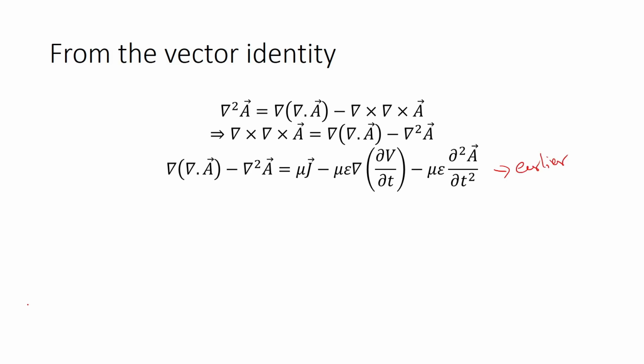Now, coming to A bar, we know that A bar is not unique and the divergence of A bar can be set to any value of our liking, but it still won't affect any other quantity, because A bar is not unique.